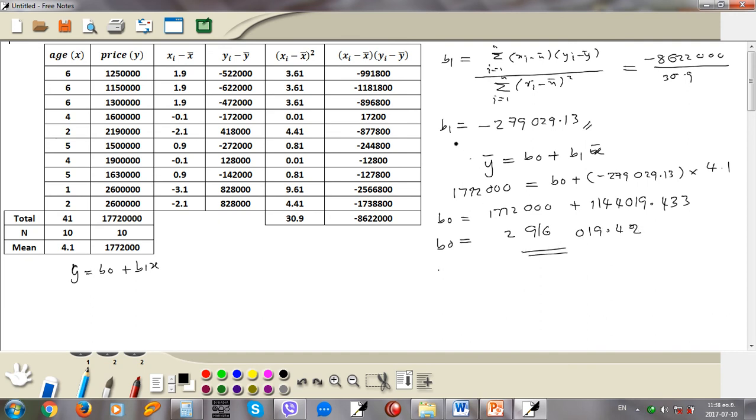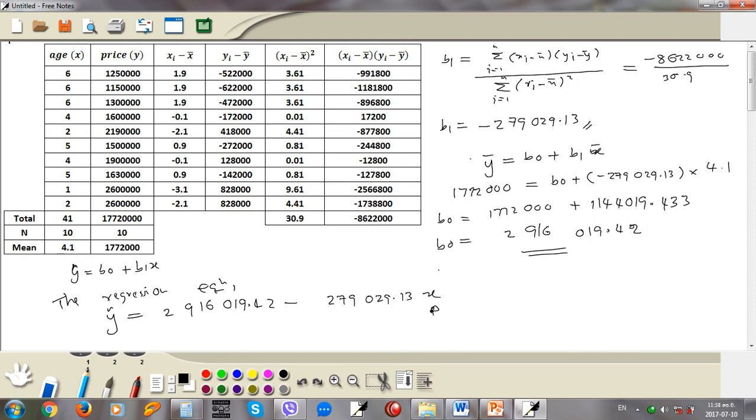Now we found b1 and b naught, then we can write the regression equation: y hat equals b naught, that is 2,916,019.42, minus this one, no, otherwise plus 279,029.13 x.